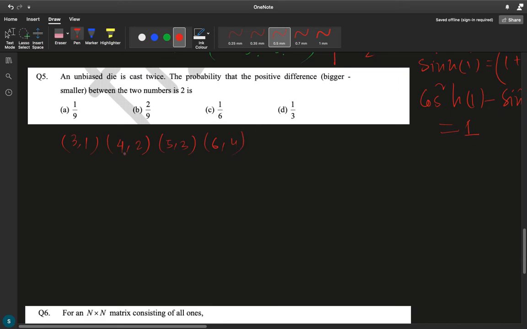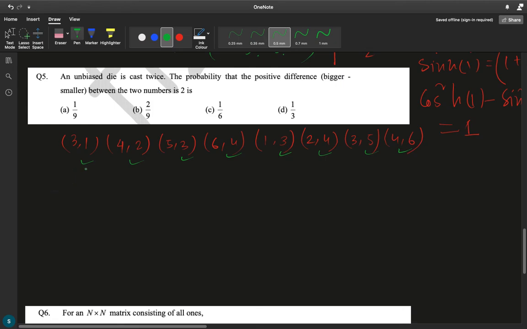All right, so this is for the first set. Second set I can do, this is again 1 and 3, 2 and 4, 3 and 5, and the fourth one is 4 and 6. All right, so how many points do we have in the phase space? 1 2 3 4 5 6 7 8.